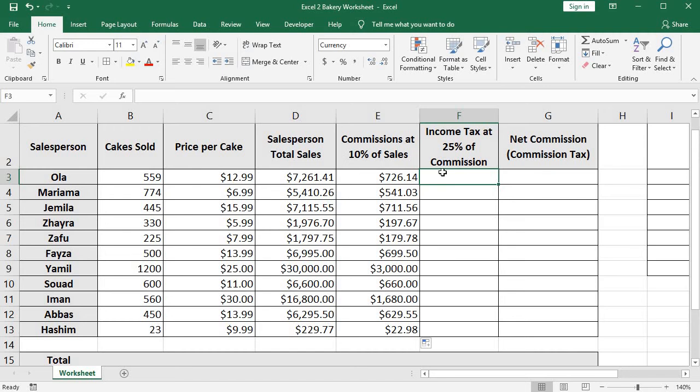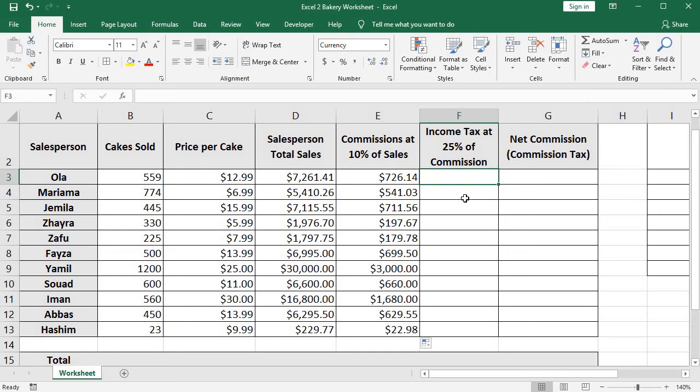The next thing we're going to calculate is the income tax at 25% of commission. This is the tax that you're going to be withholding from the commission for the salesperson.